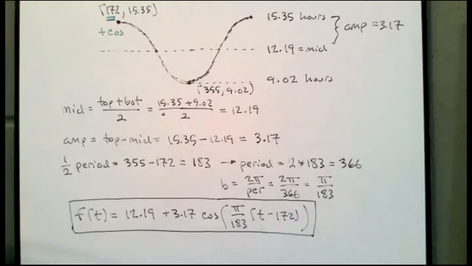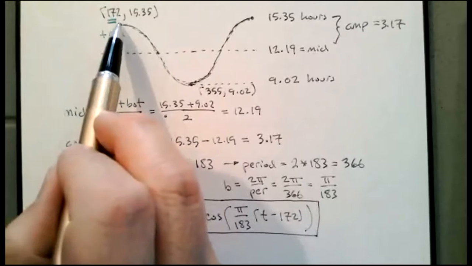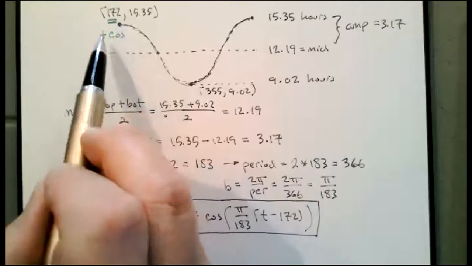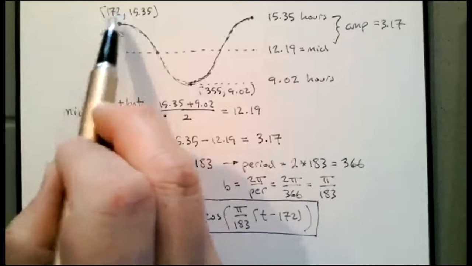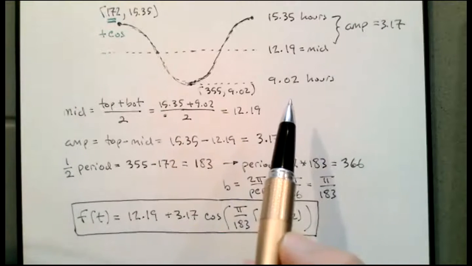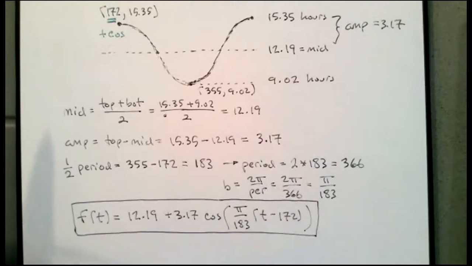The 172 is, I chose the top, this first point, as my starting point. So since it's at the top, I chose plus cosine, and the horizontal shift is 172. 172 is the day of the year. That's June 21st. That one I had to look up. Oh, thank you.